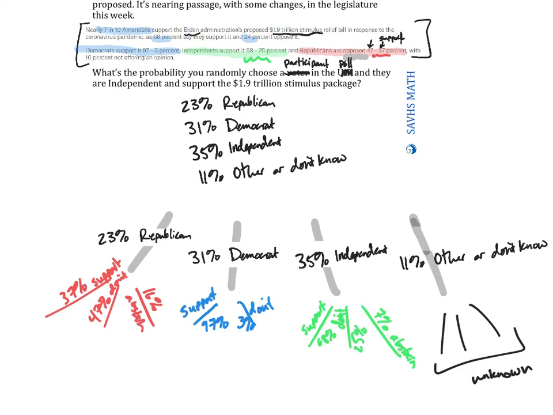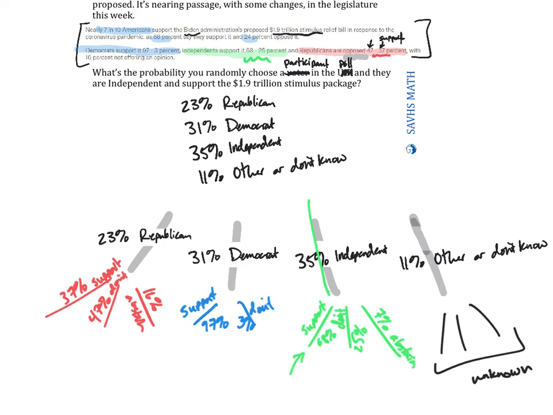So my question up here is, what's the probability you randomly choose a participant in the poll and they are an independent voter who supports the 1.9 trillion stimulus package? Okay, so we're going with independent voters, so that's down this way, and then we're looking at supporting the stimulus package.